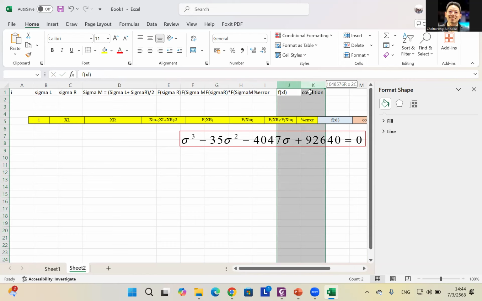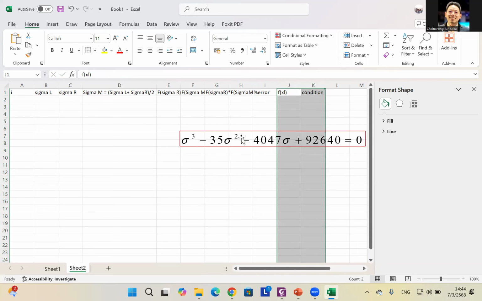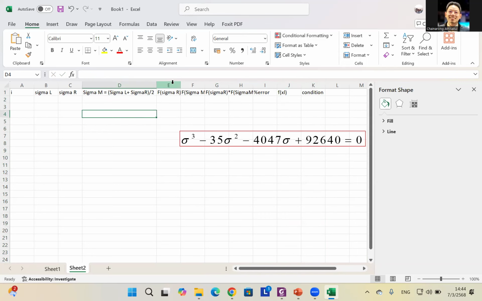These two columns are just optional. You may use X instead of sigma actually. If you understand, it's okay.